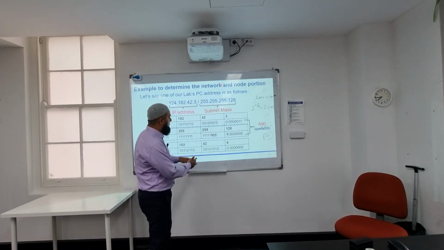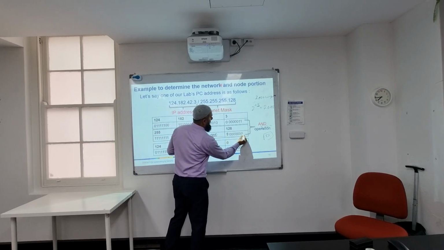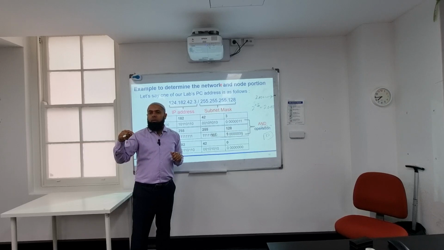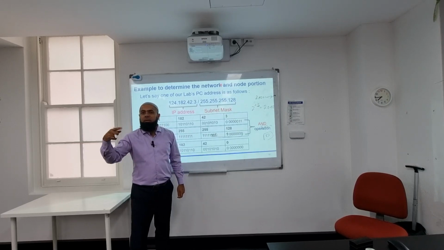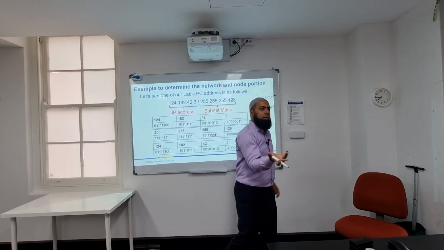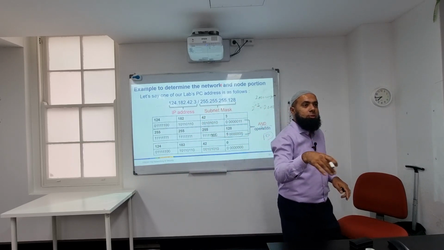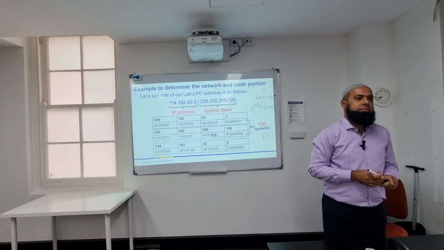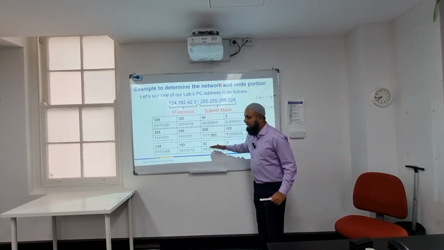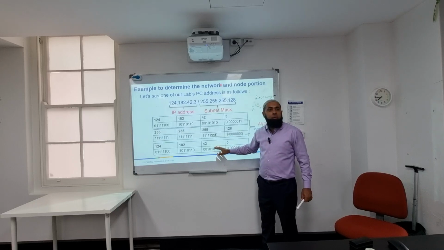Because with having those 11 bits, what are the different ways those 11 bits can be written? 2 power 11. That's a normal mathematics formula. It means I can get 2048 unique IP addresses. Okay, and based on that, my network ID would be changed as well.